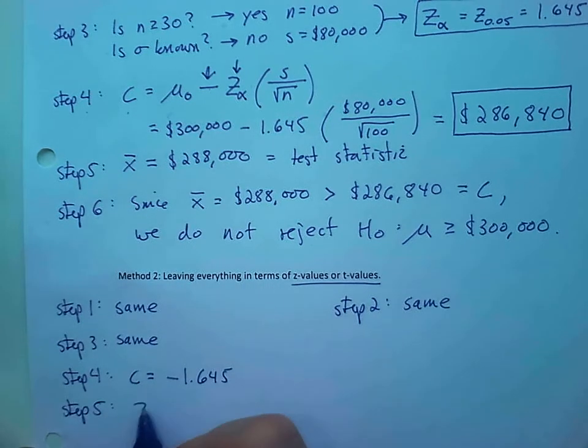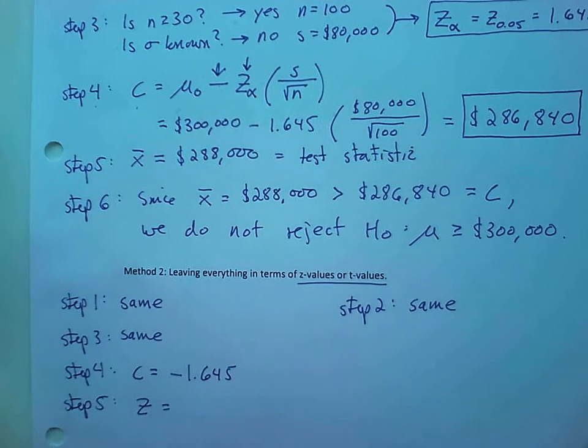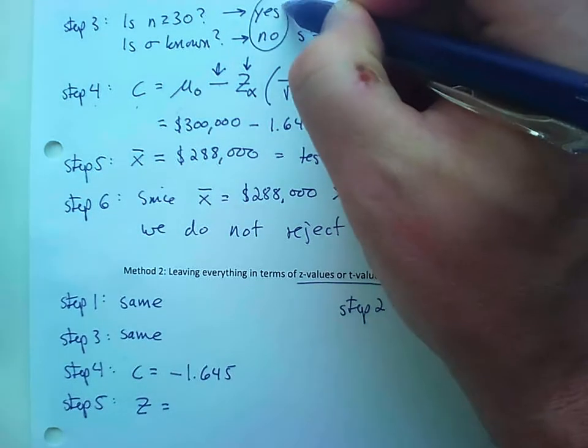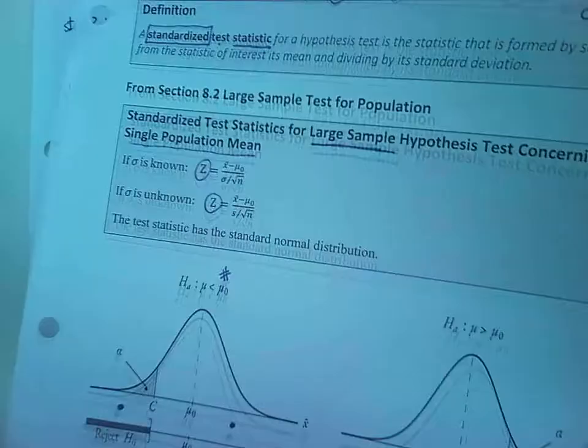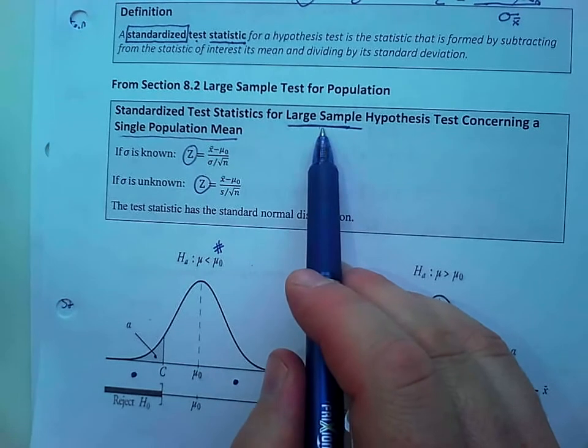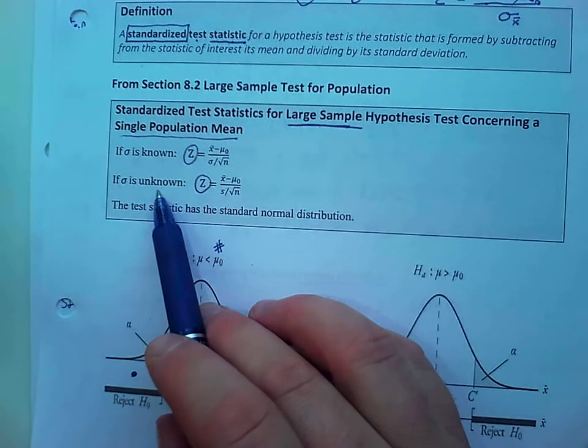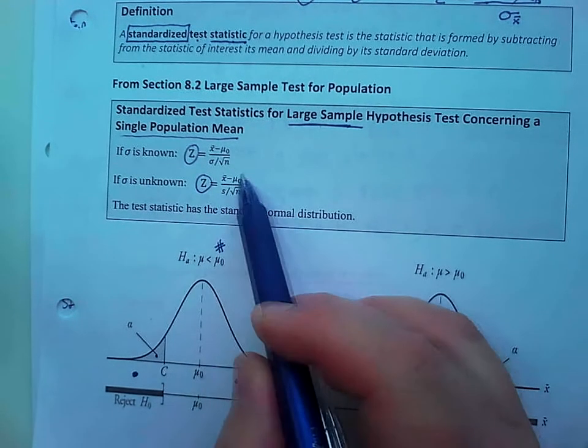So therefore, we're going to say that our z value is equal to what? So let's think about this here. We have a sample size greater than 30, but we don't know sigma in this problem. That's what we answered up here above. So again, if we have a sample size that's large, but we don't know sigma, we're going to be using this formula right here.